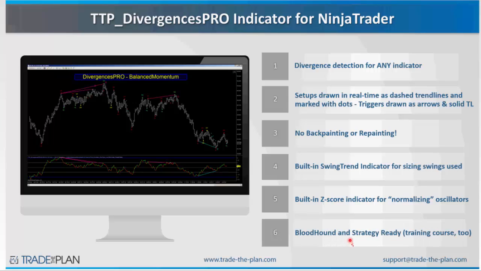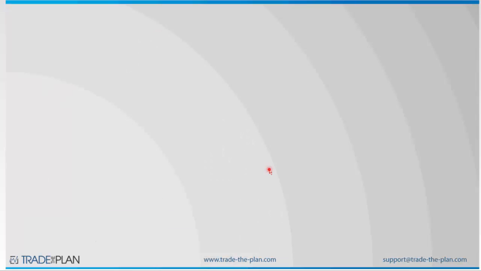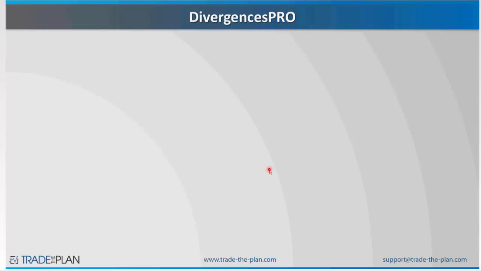Okay, so now it is capable of being read in Bloodhound and/or a strategy, and there are about 20 different videos right now. Not quite 20, I've got to upload several more showing you how to use it, because it is pretty complex software, and how to program that into Bloodhound and into strategies as well.